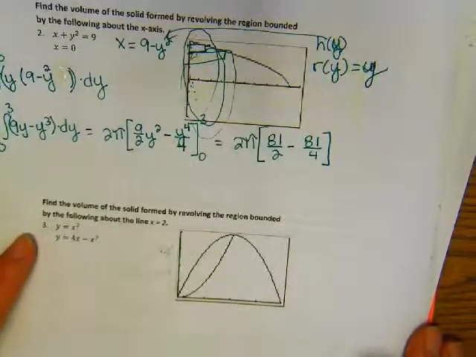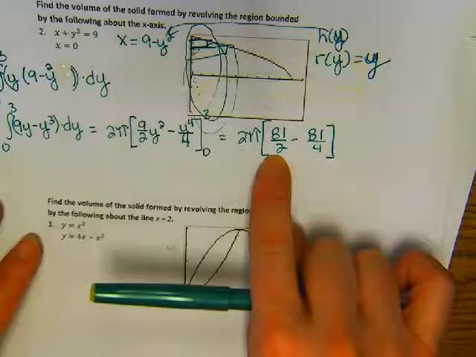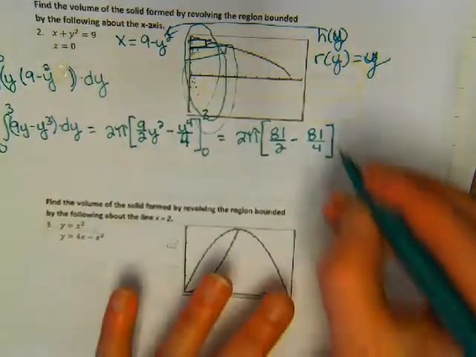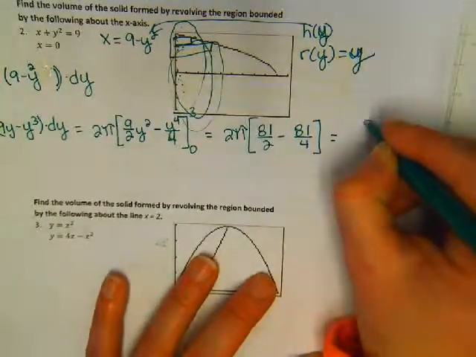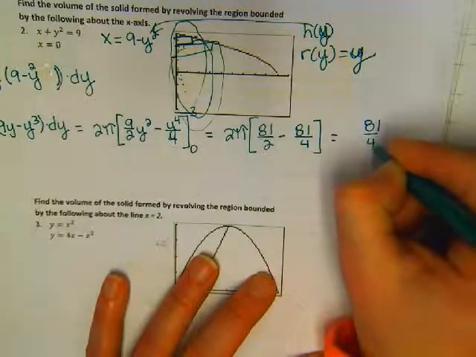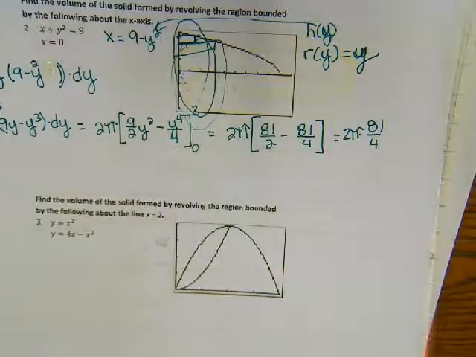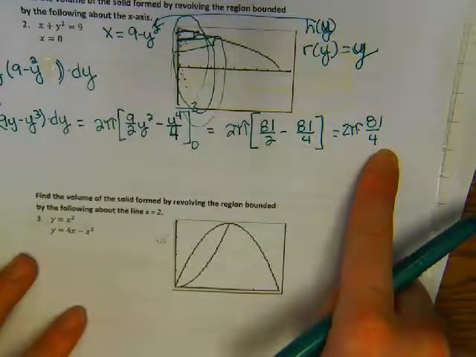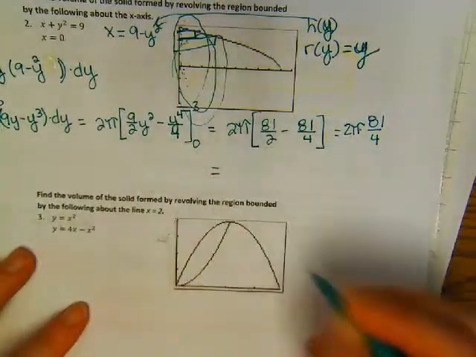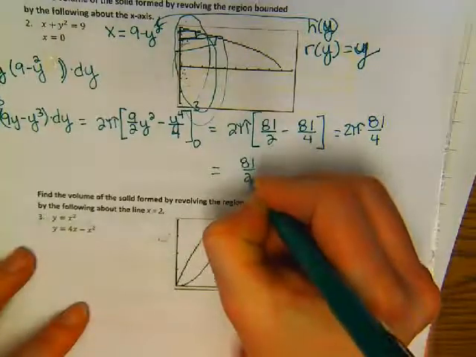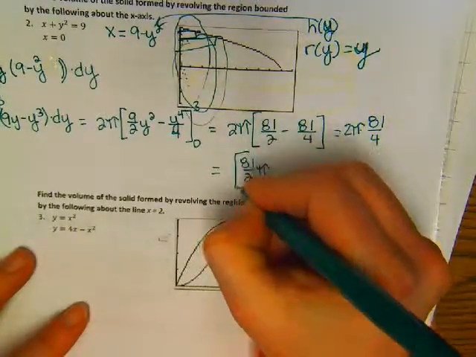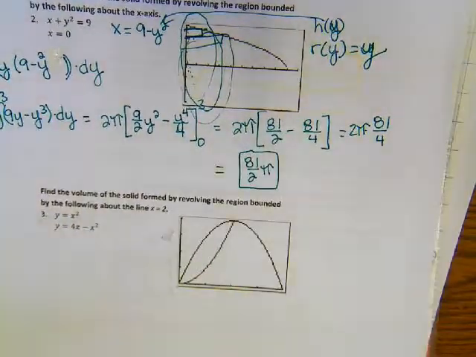This would be 162 fourths minus 81 fourths, right? Two goes into 4 2 times.